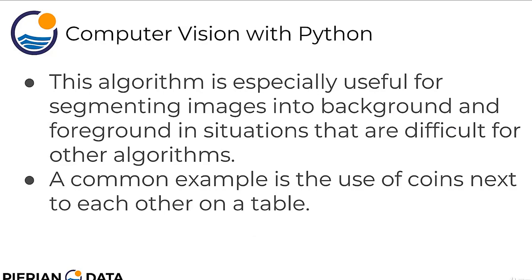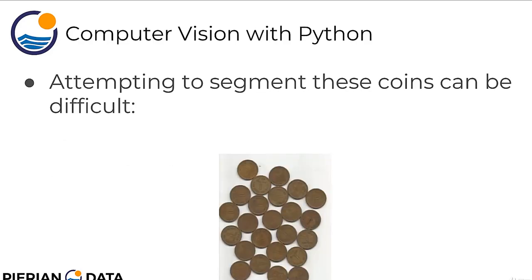Now, this algorithm is especially useful for segmenting images into background and foreground in situations that are usually difficult for other algorithms. A really common example of this is coins next to each other on a table. So here we have an image of a bunch of coins right next to each other on a table. For a human looking at this image, it's really easy to see that you have separated coins on a table.